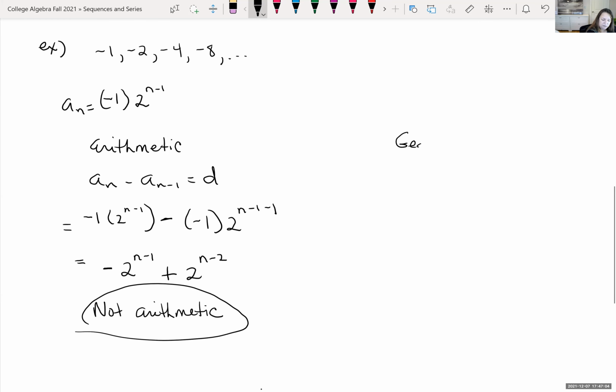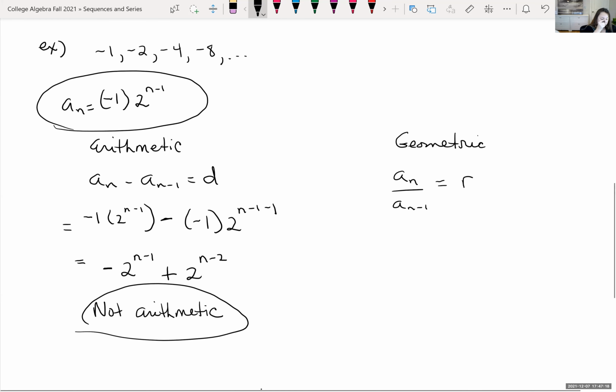Geometric, though, says if we take the term divided by the term right before, we better get back some constant r. So we found out what that term was. So that was -1 times 2 to the n minus 1 power divided by the term right before, which we saw was 2 raised to the n minus 2 power. So this is equal to -1, same base of 2.